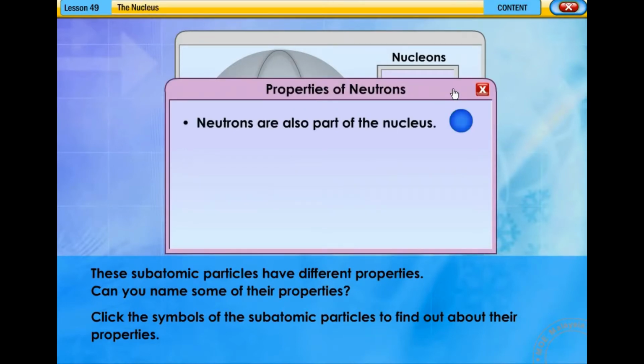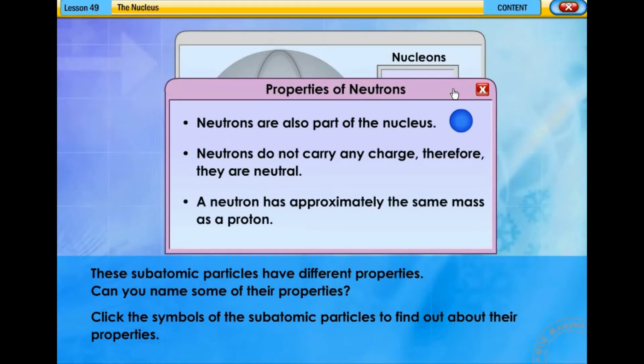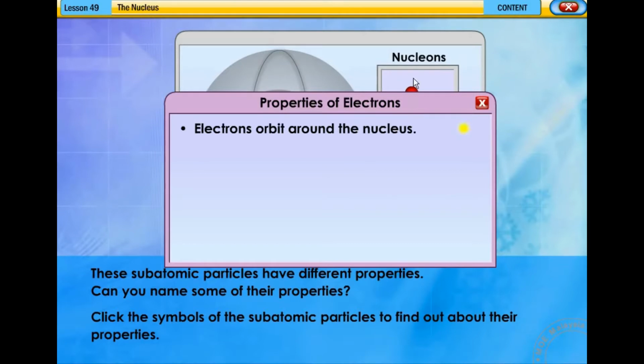Neutrons are also part of the nucleus. Neutrons do not carry any charge, therefore they are neutral. A neutron has approximately the same mass as a proton. Electrons orbit around the nucleus.